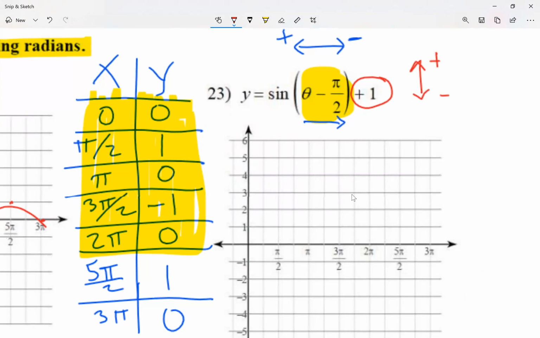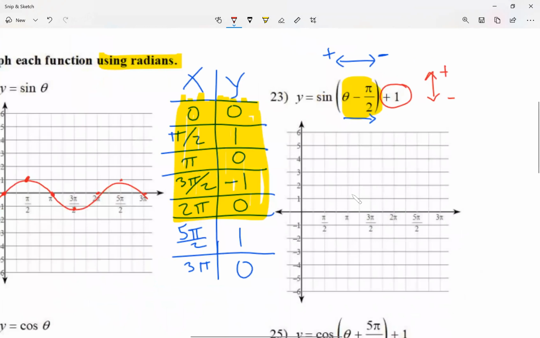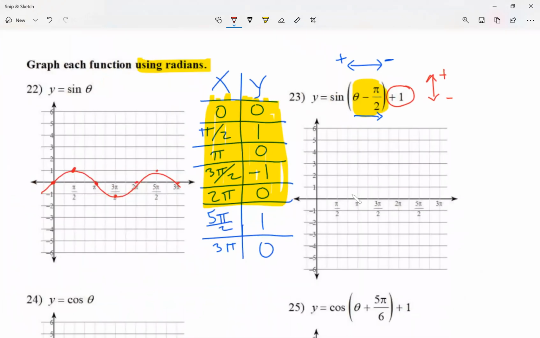Okay, so I know how sine looks. Then I'm going to be shifting. Shifting means moving. I'm going to move it sideways, up or down. So let me start with a point. From the original graph, I have the point pi, 0. I'm going to start with that point, and then I have to move it to the right pi over 2 spaces.